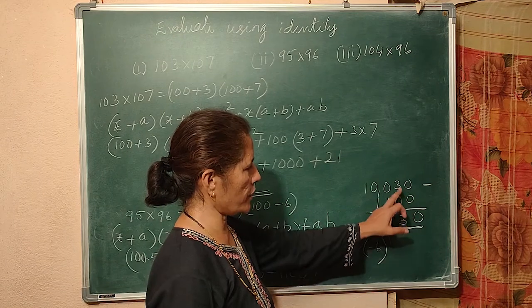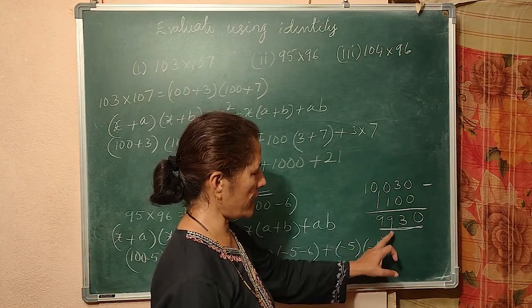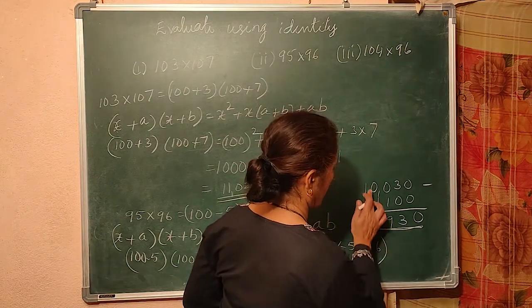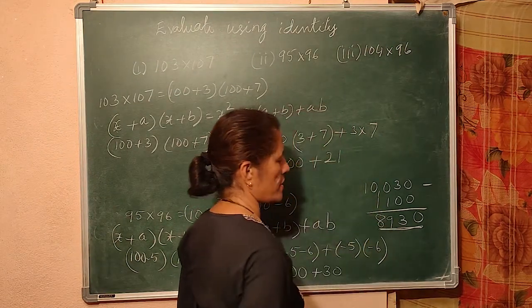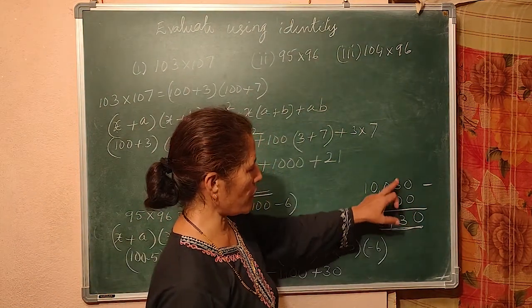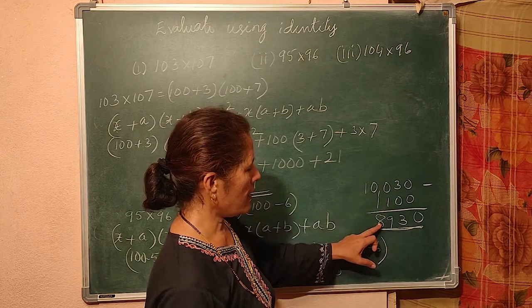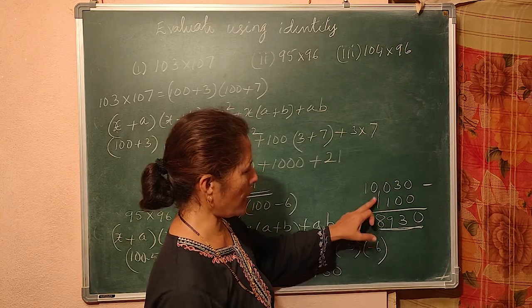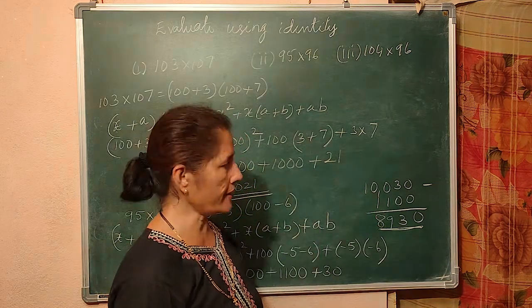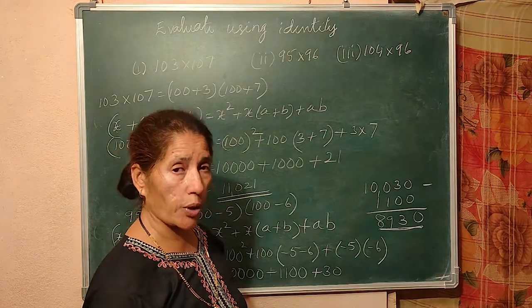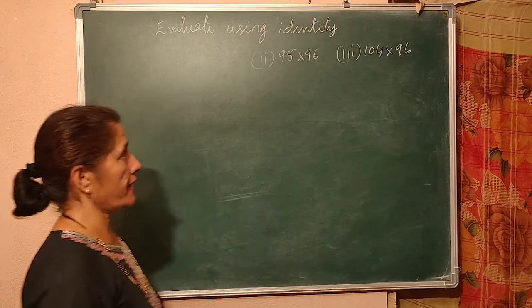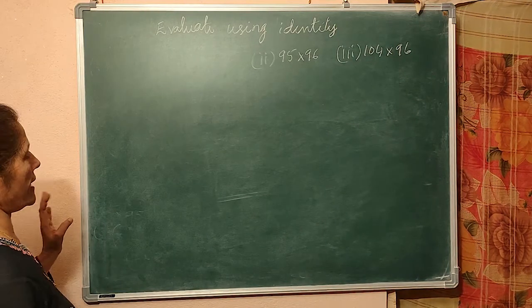So 0 minus 0, 3, 10 minus 1, 9, 9 minus 1, so sorry, 9 minus 1, 8, 8,930. 0 plus 0 is 0, 3 plus 0, 3, 9 plus 1, 10, 1 plus 8 plus 1, 1 plus 8, 9 plus 1, 10, correct? So 8,930.